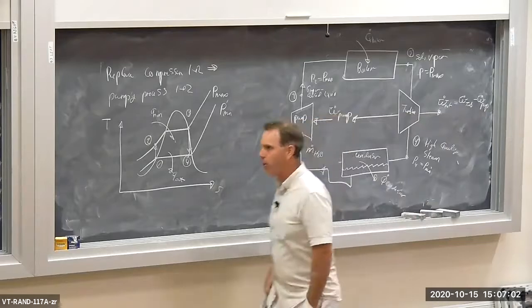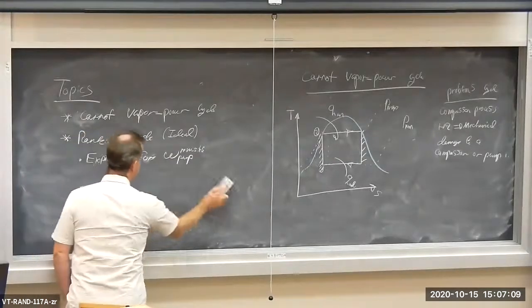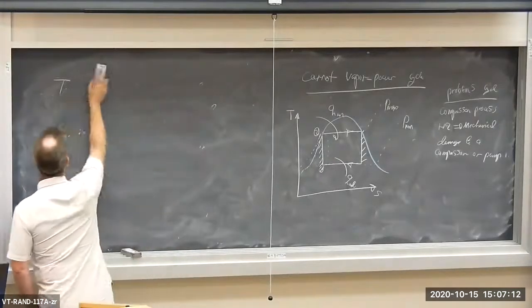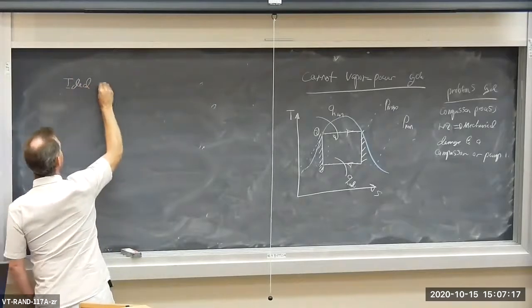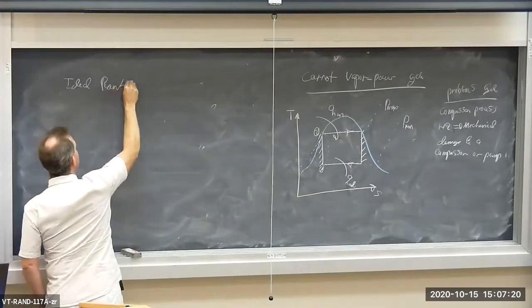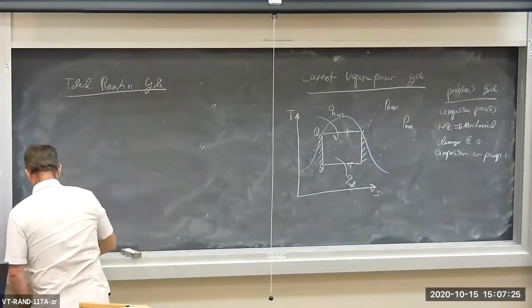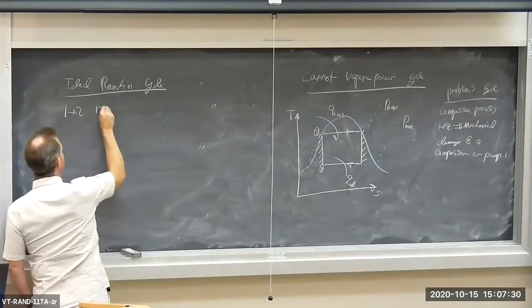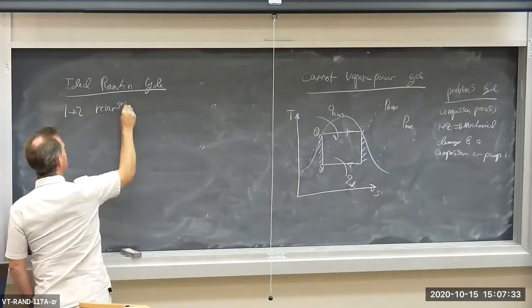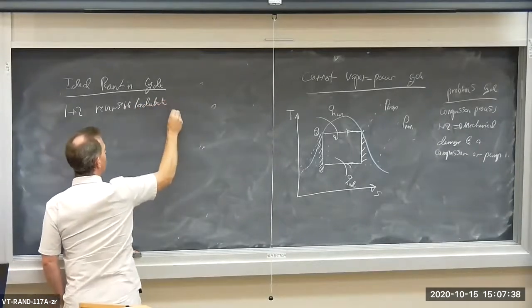All right, so let's write out the processes here for the ideal Rankine cycle, which is just what we've been looking at. So process 1 to 2: reversible, adiabatic pump work.